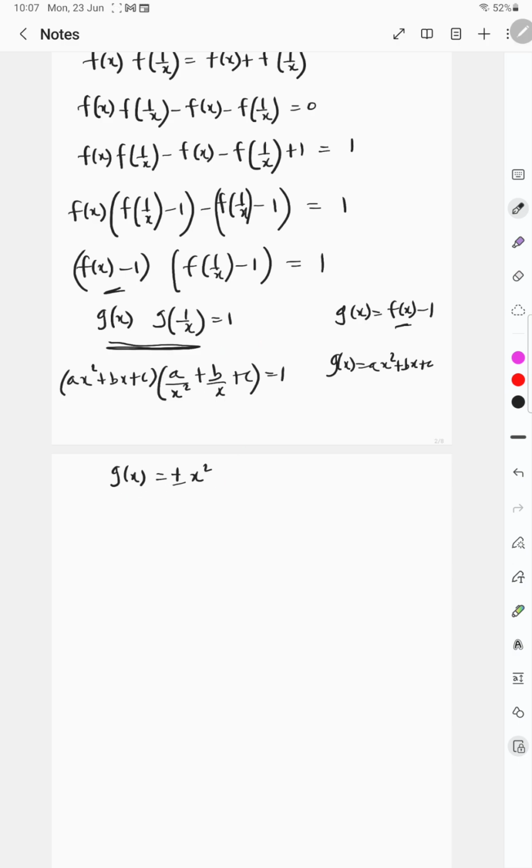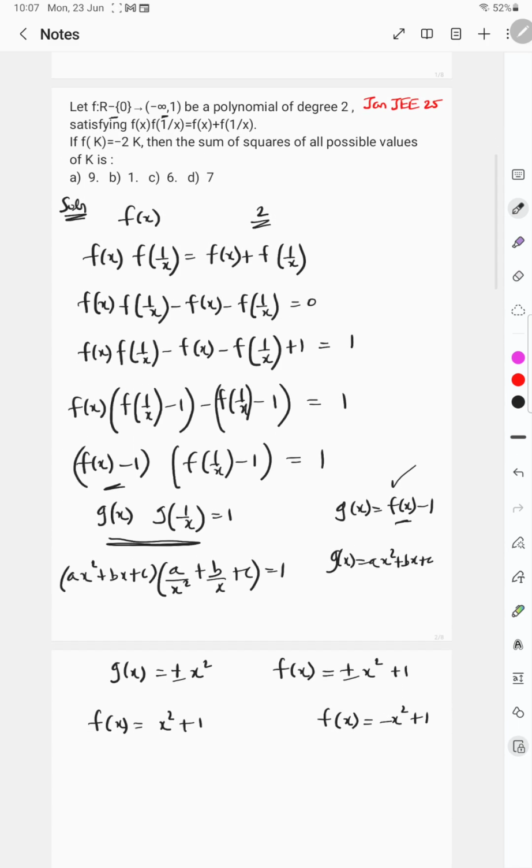So according to this, now g(x) is f(x) minus 1. So I have f(x) is plus or minus x squared plus 1. Now the function can be either x squared plus 1 or the function can be minus x squared plus 1. Now, in order to decide which is the function, let's see the range.